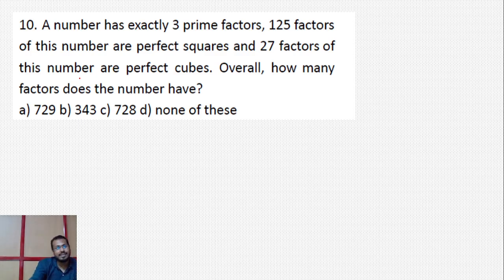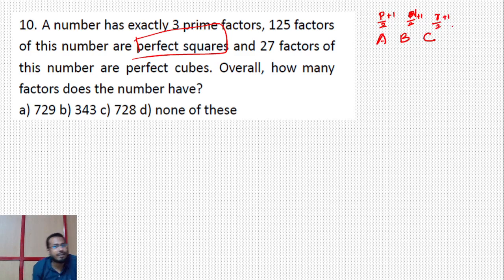Okay, let's take this concept. Totally there are 3 prime numbers. Let's take a, b, and c. How will I write it? Perfect squares means, what is the formula? Look at this: a power p, plus 1, but I need to divide by 2 because it is a perfect square. And b power q, and c power r, similarly divided by 2. Is it clear?